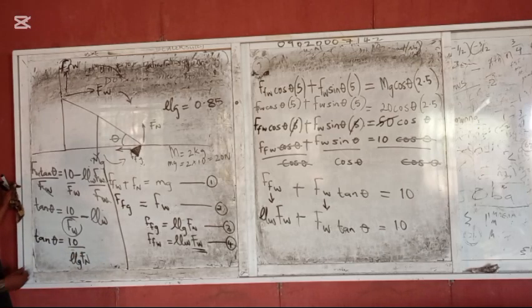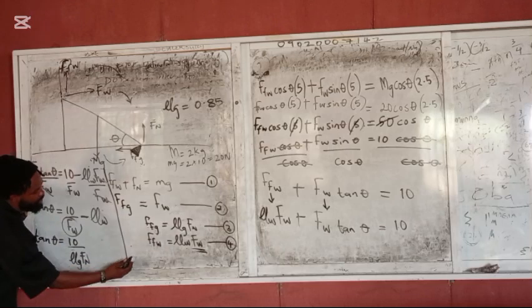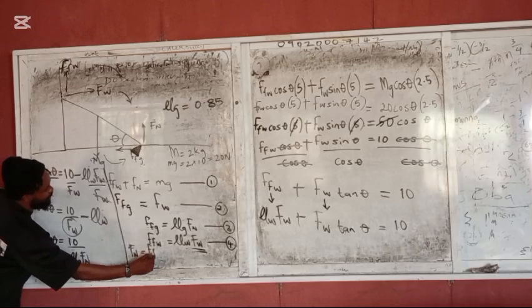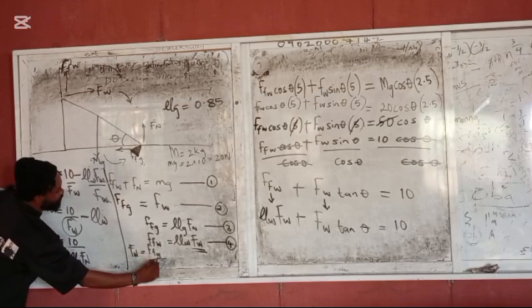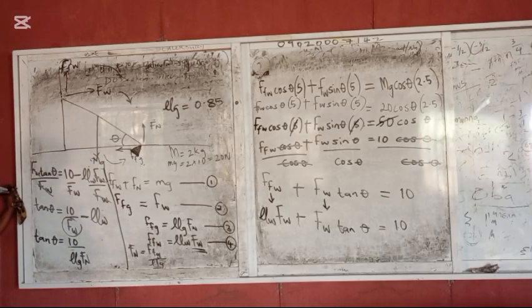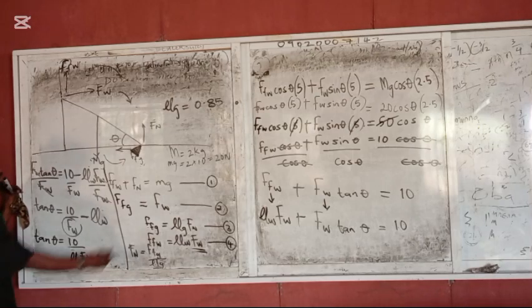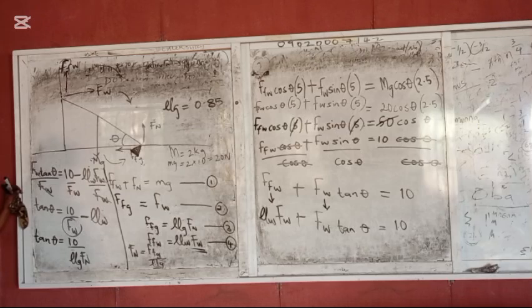And Fn, if you remember, if you make Fn subject of the formula, Fn should be giving you FFG over coefficient of the ground. And remember that FFG already is equal to FW. Also, you can make Fn equal to Ng minus FSW. Then the FSW now substitute.